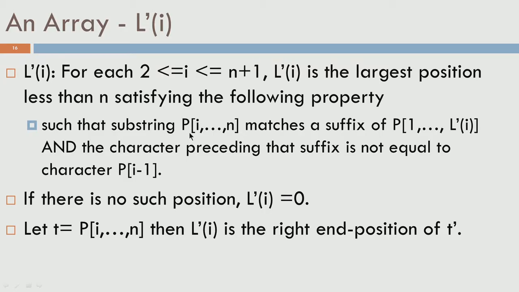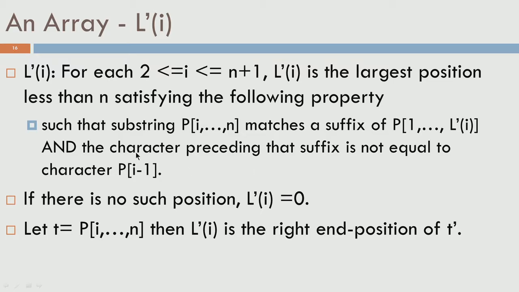The property is that for the index I, p I to n, that is, the suffix of the pattern p starting at the index I, must match a suffix of the pattern considered from the first character up to L prime of I. This is the value of L prime of I.